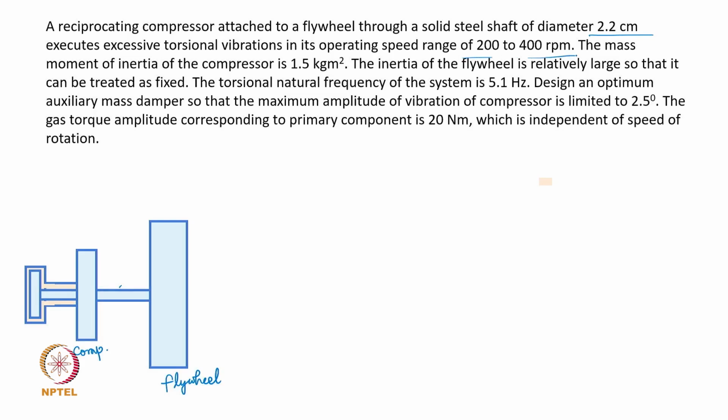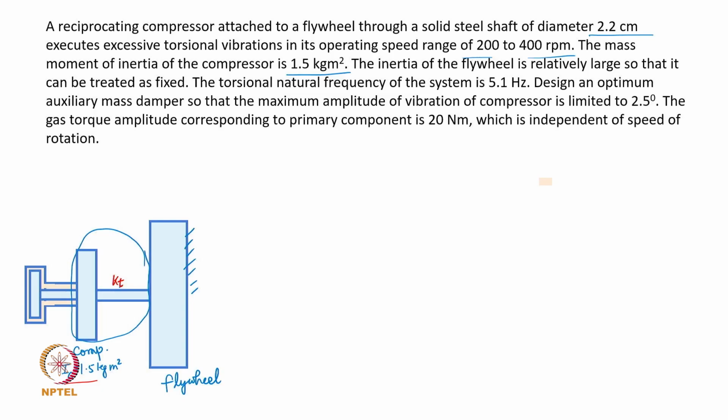The mass moment of inertia of the compressor is given as 1.5 kg square meter, and that is basically the value of I, so I'm writing this as IC. The flywheel is large enough that we can treat it as fixed, and then it becomes a torsional vibratory system. This becomes our primary or main system. So it has its own stiffness based on the diameter, and the inertia is given.